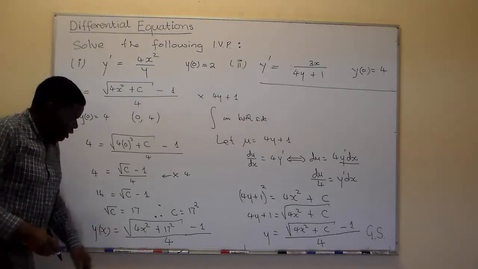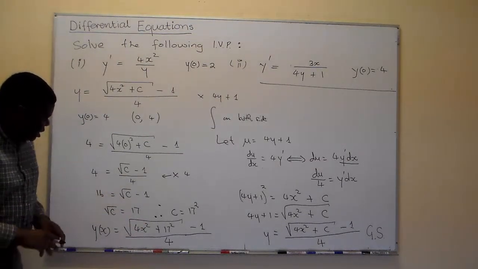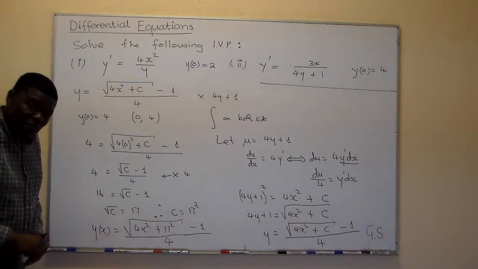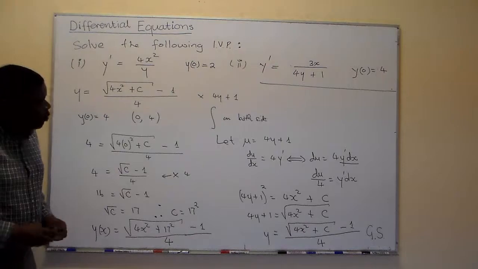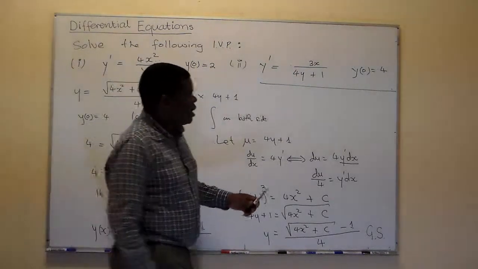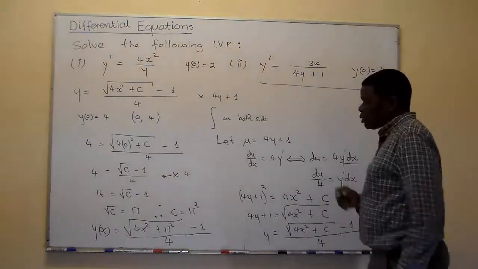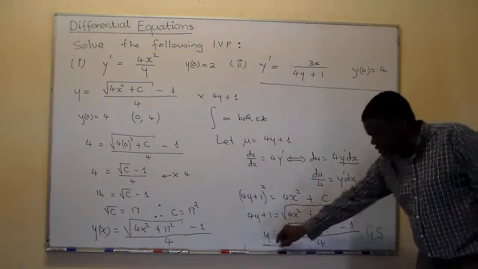I trust that is correct, but please try to check the number work and see whether we got exactly what you wanted to get. Otherwise, this is how we would handle the situation where we are required to find a particular solution because you are given initial conditions.